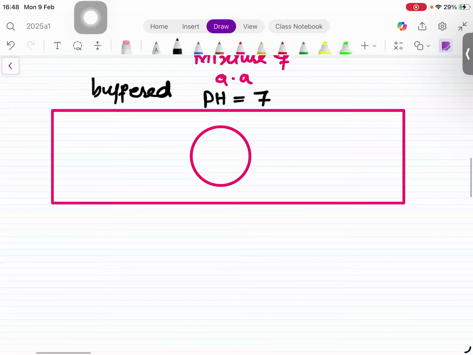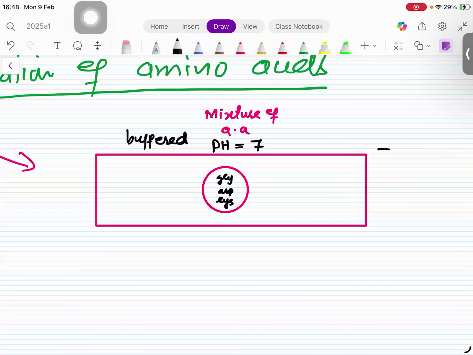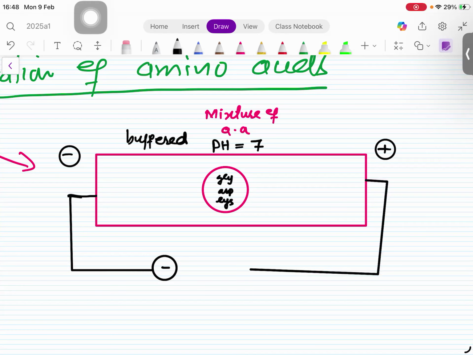My intention is to get them separated. This side is positive. This side is negative. How? Because I connected this plate with the negative terminal of the battery on this side, and the positive terminal of the battery on this side.